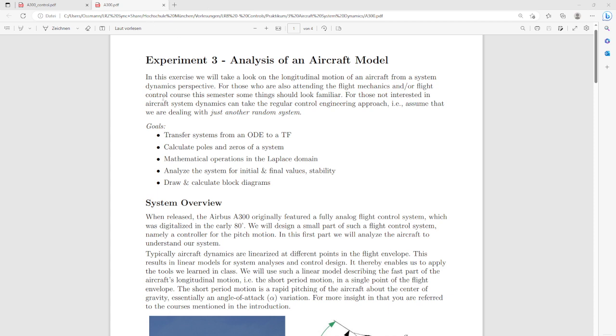Okay, so this first part will analyze the A300 aircraft model. So we're going to take a look at transfer functions, calculate poles and zeros, and do mathematical operations in the Laplace domain. We also take a look at the initial and final value theorem, and finally we're going to end up with drawing some block diagrams.